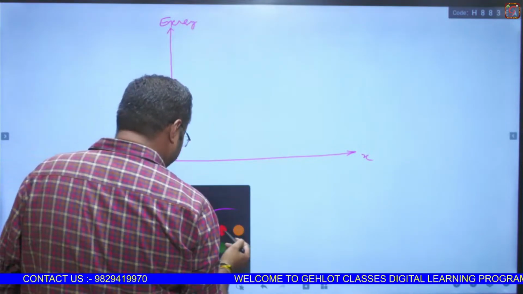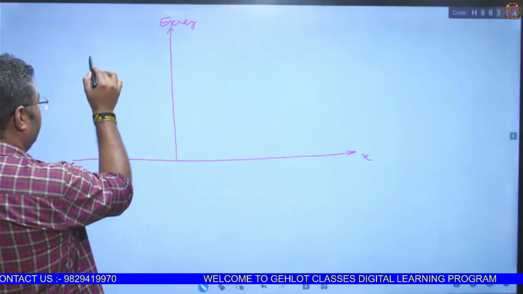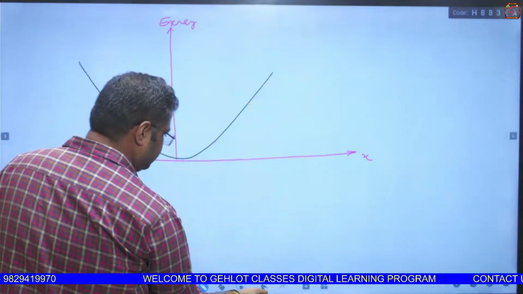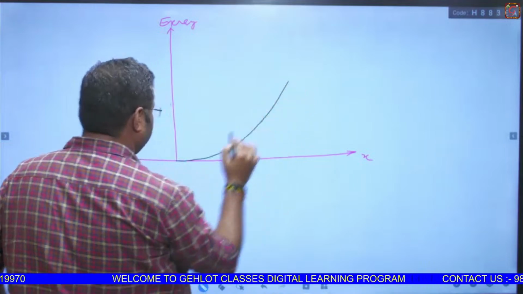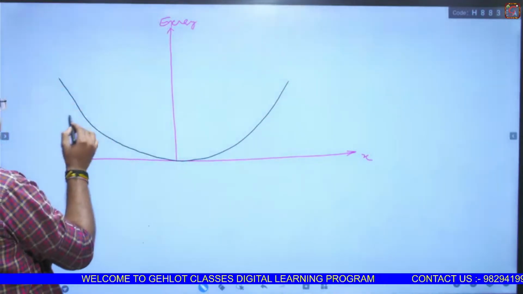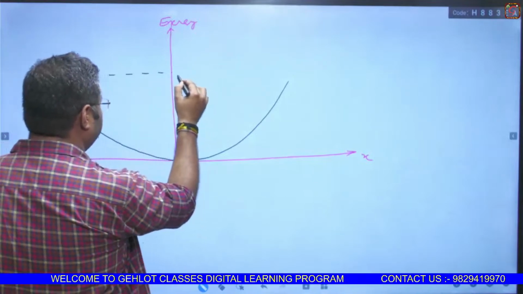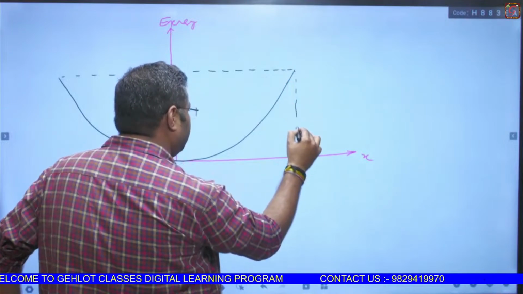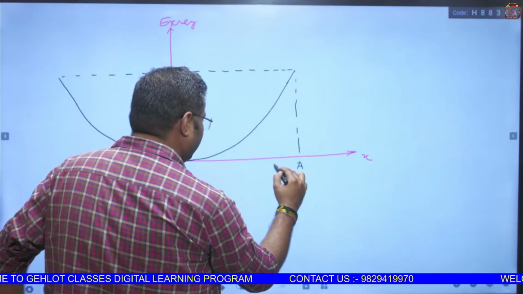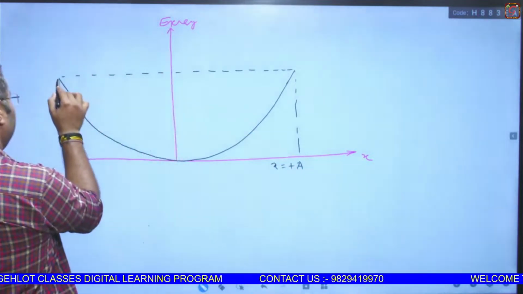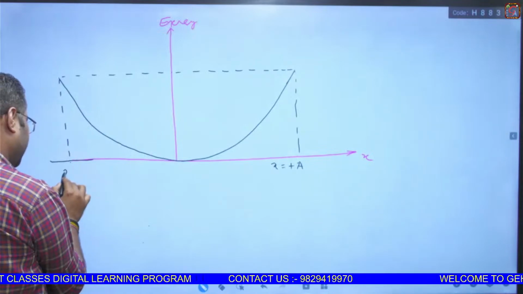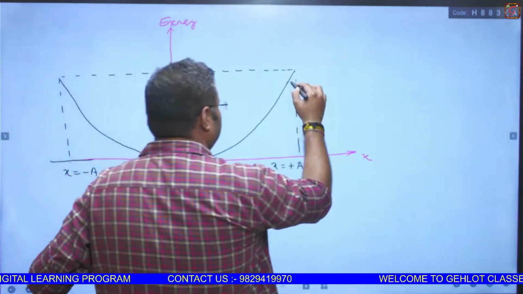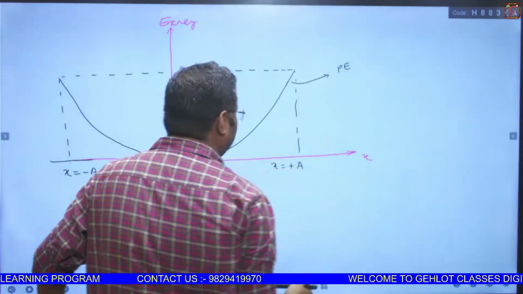So if u naught is 0, the potential energy can be drawn like this, and this is the maximum potential energy at x is equals to plus a and x is equals to minus a. So this is basically the graph of potential energy.